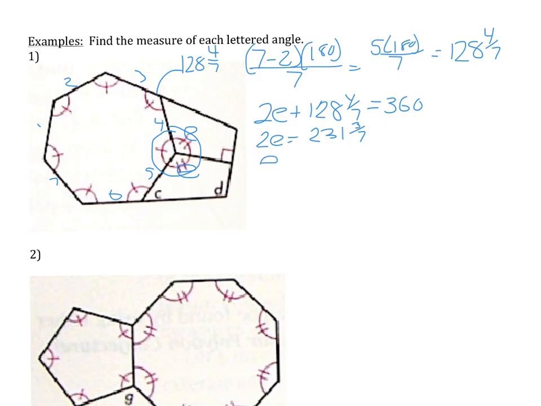And I divide both sides by 2 and get that E is 115 and 5/7.